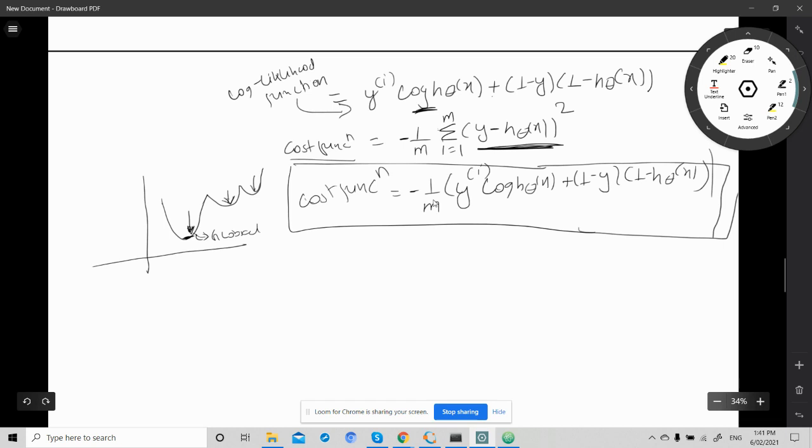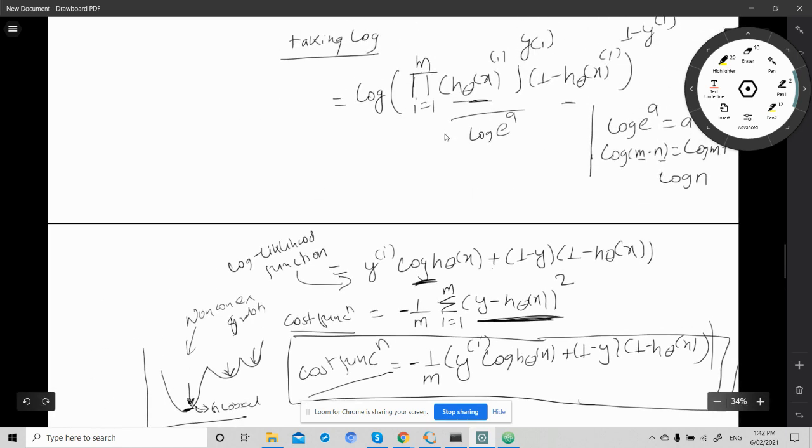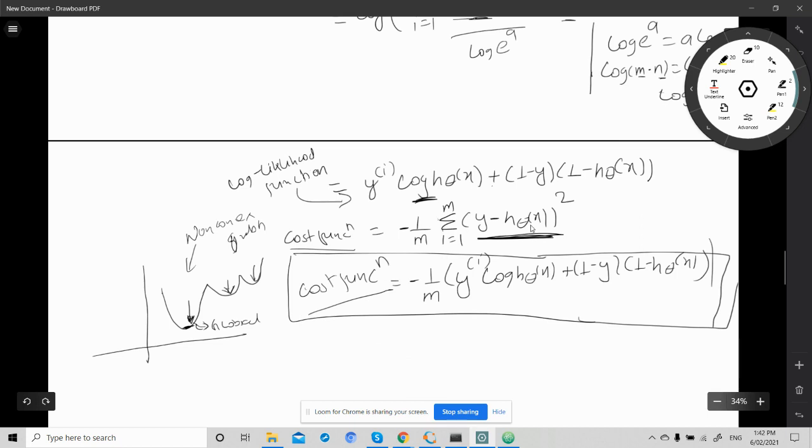This equation is considered a non-convex graph. We need a convex graph that can give us the minimum cost function so that we can get the optimal value of theta. So this is the reason why we cannot use the MSE equation.